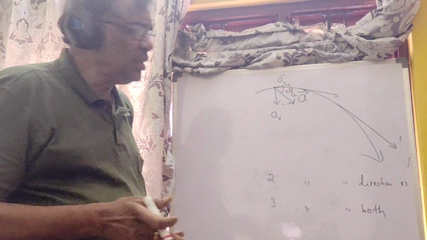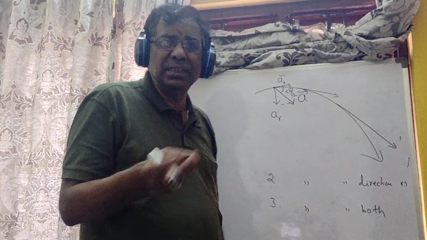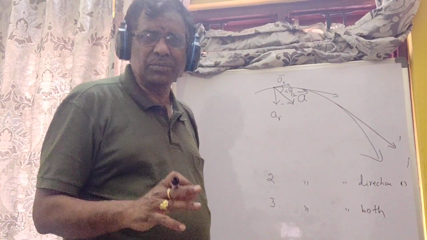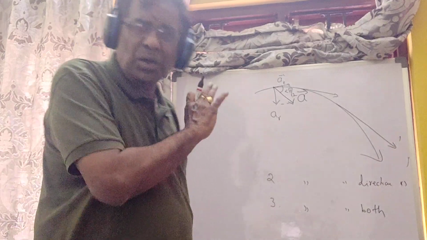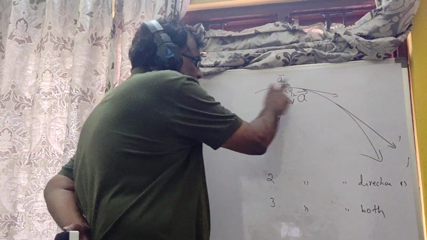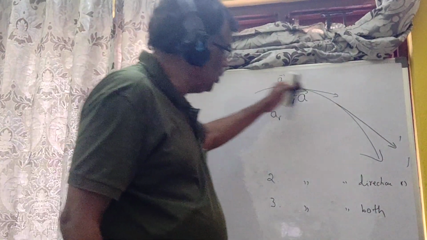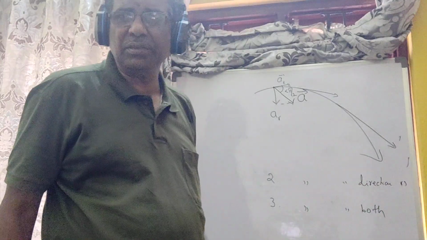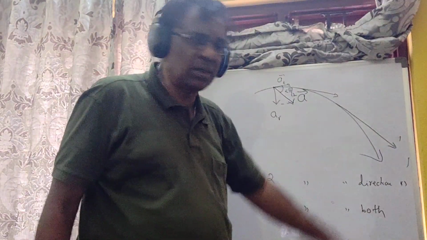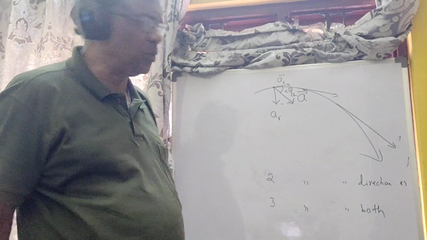The angle between acceleration and velocity is less than 90 degrees, 30, 40, 50 degrees, but not 0, not 90. In such a case, this is non-uniform circular motion.